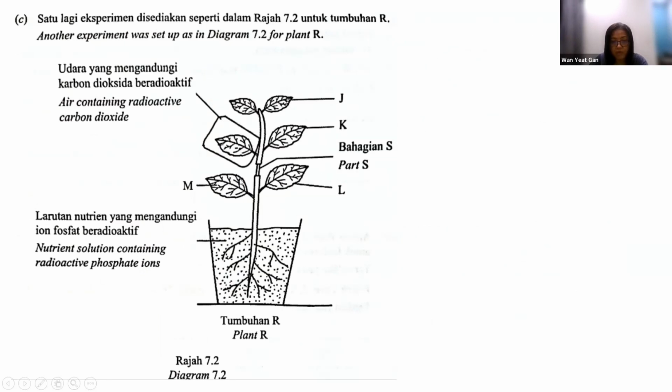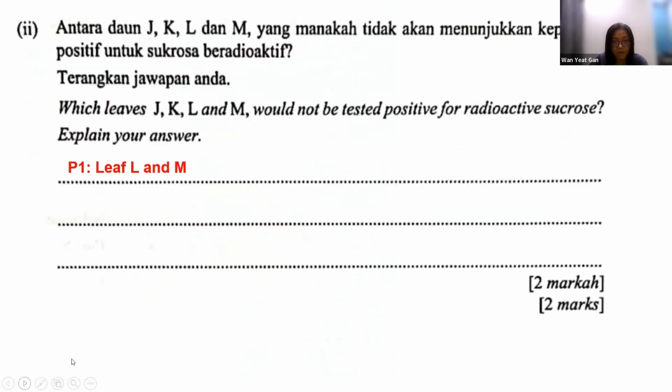If you remove the part here, the leaves that will be affected will be the ones below S. The upper part, J and K, will not be affected. So leaves L and M, which are below the part where you removed the phloem, will not get organic substances, so they would not be tested for radioactive sucrose.